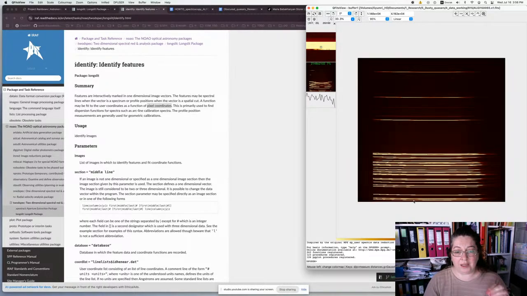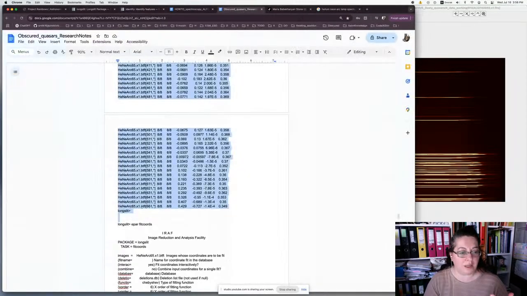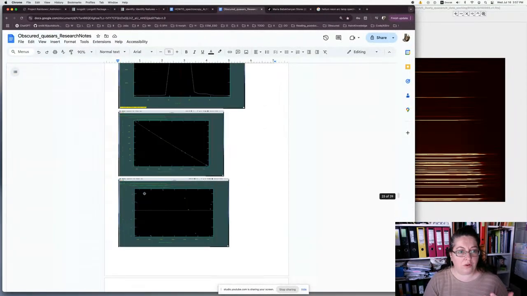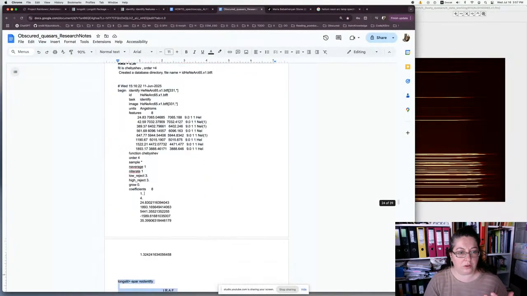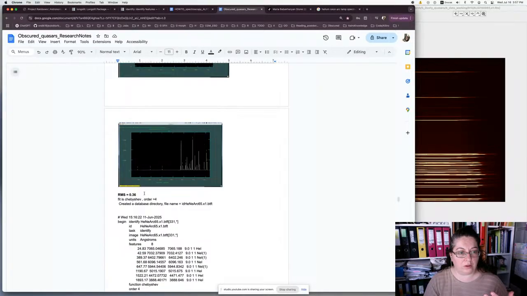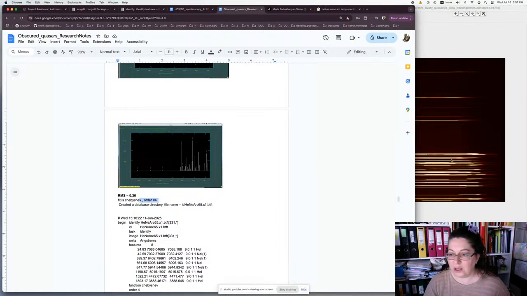It basically fits with a function, which I chose to be a Chebyshev polynomial, and you can play with the order. I believe my order was 4 at the end. I wrote order 4. So you can play with the order and then see which one fits better.